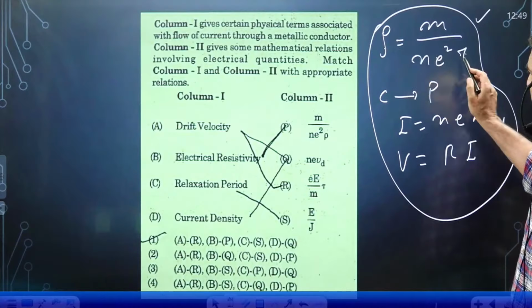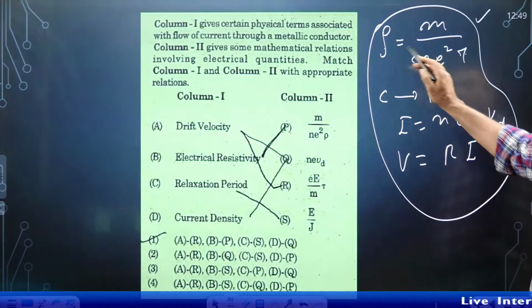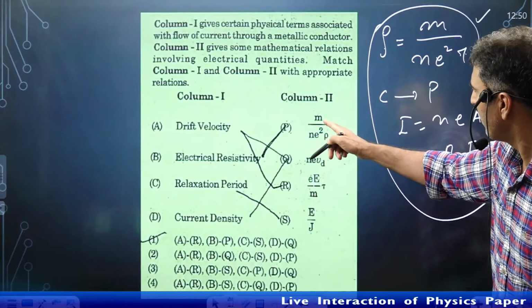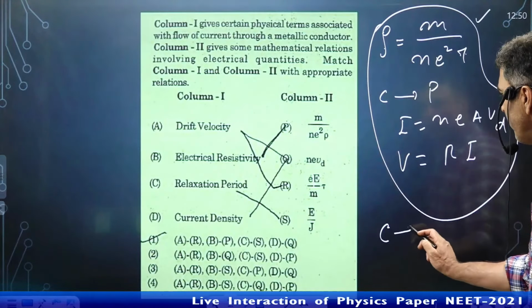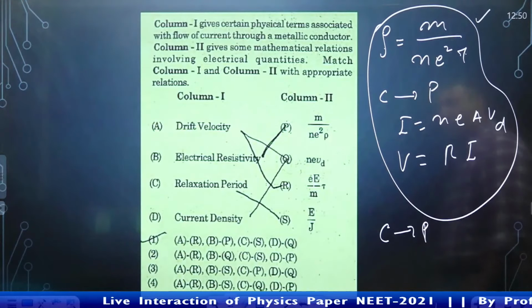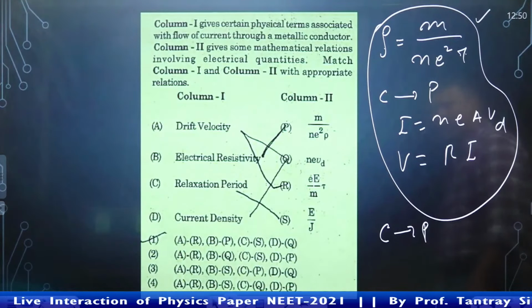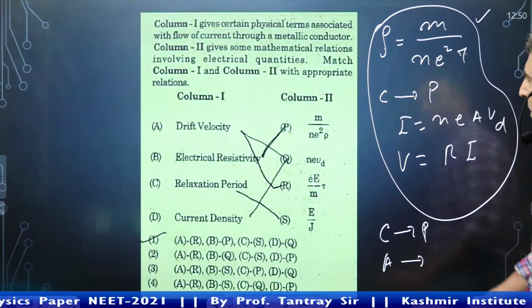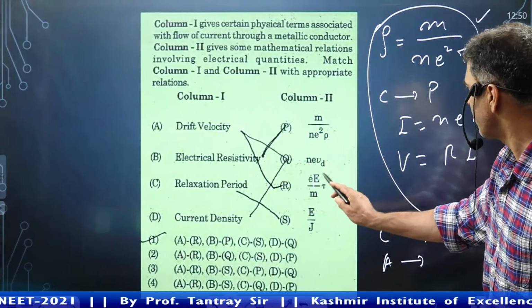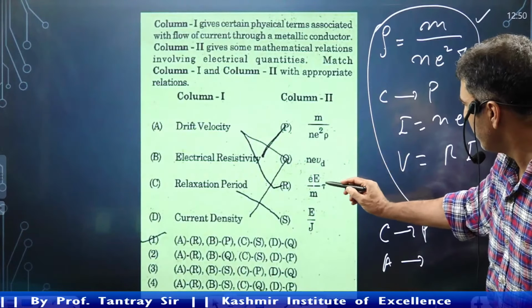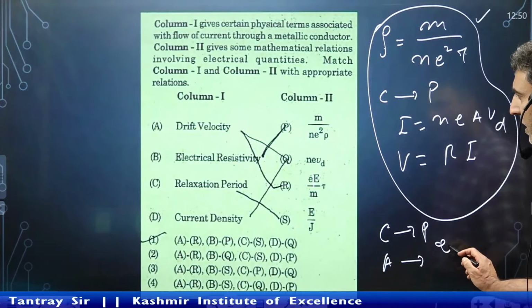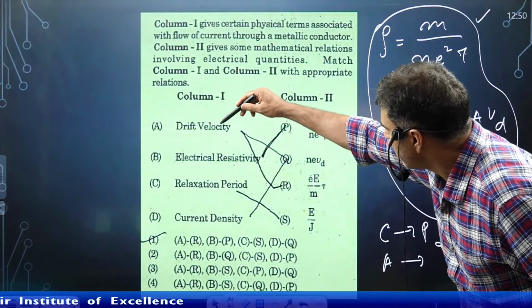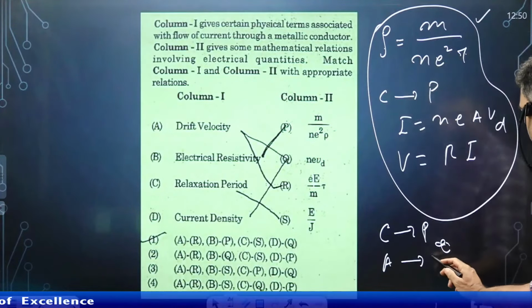Tau is here, rho is here. So relaxation time will get you to P, C to P. And drift velocity is E, that is C. Drift velocity is R here.